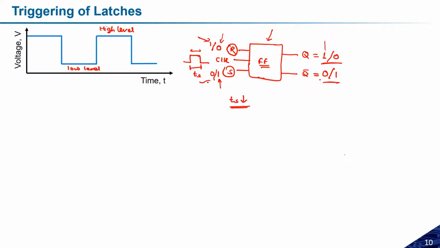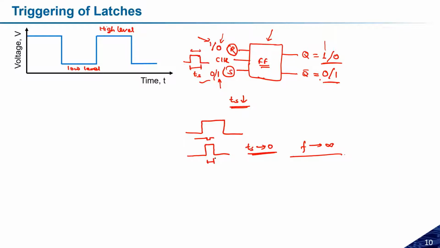This is one possibility to avoid the problem, but we cannot avoid it 100%. Suppose the clock pulse width was initially something like this and I reduce it by 50%, there is still a width. If there is some change at this time and then another change at this time, the problem cannot be overcome, and we cannot make TS close to 0. That would require the frequency to tend to infinity, and an infinite frequency clock is not possible.